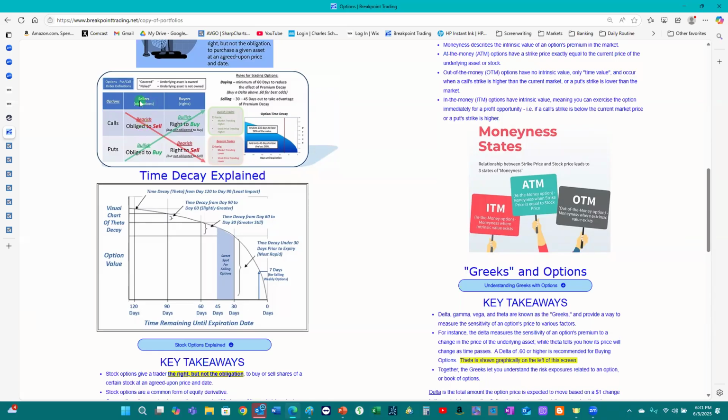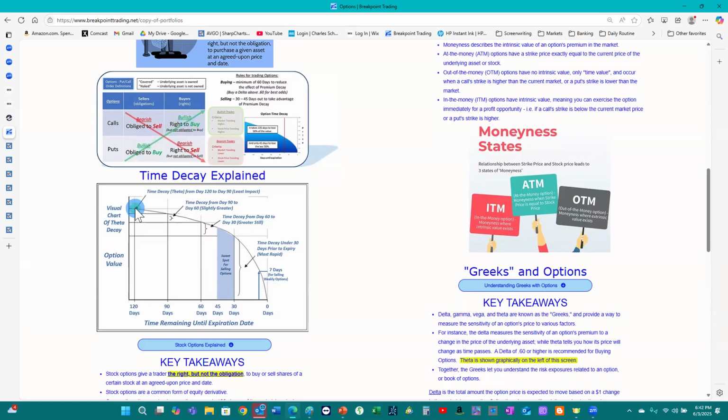All right, so as a seller, you always want to be on this short end of the curve. This is the time decay curve. So as a seller of an option, you want time to be decaying as quickly as possible so that you can keep that premium. As a buyer, so this green line here, these two are buyers.